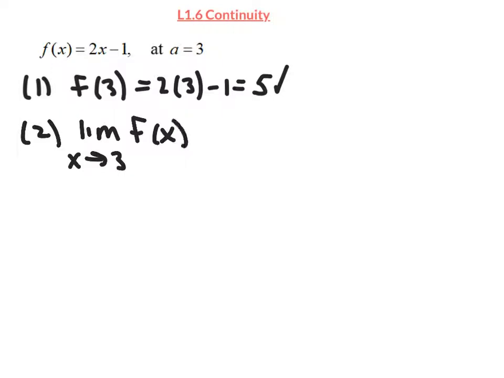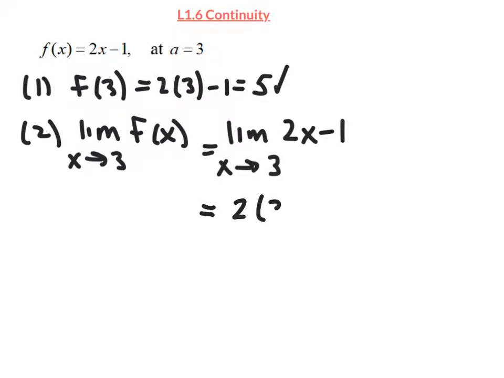Okay, this is what we want to evaluate. So that, of course, is the limit of 2x minus 1 as x approaches 3. Now, one thing that you're being instructed is, as you write these things, you keep the limit notation there, but as soon as you substitute in, which we're about to, now you can just simply say 2 times 3 minus 1 equals 5.